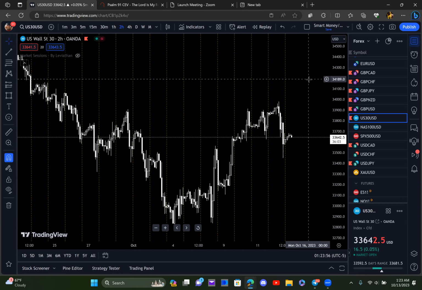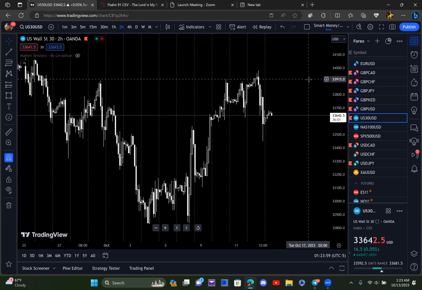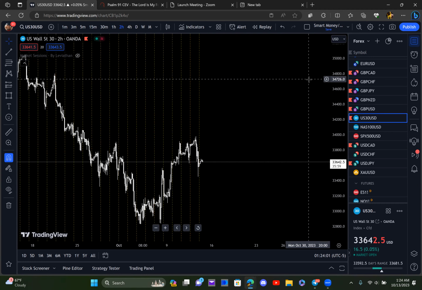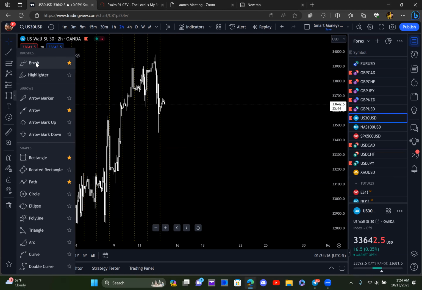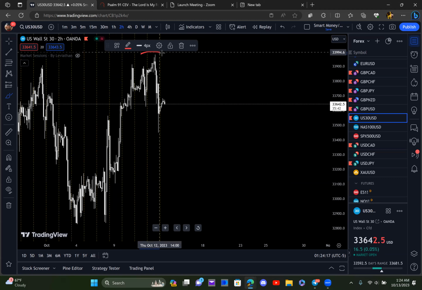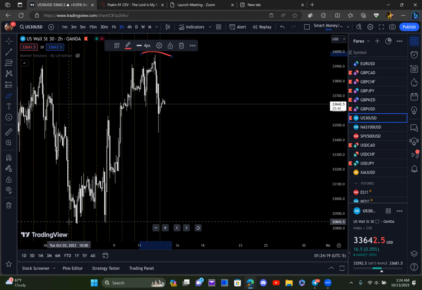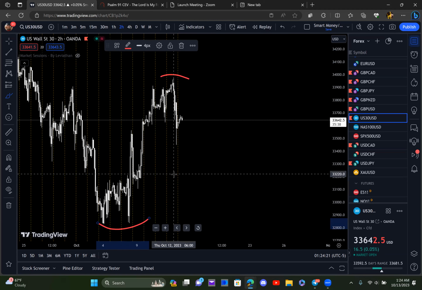There's external range liquidity and there's also internal range liquidity. If I'm looking at this chart, at this low and this high, let me show you real quick. Let me find my brush. So we have liquidity up here, and we have liquidity down there.